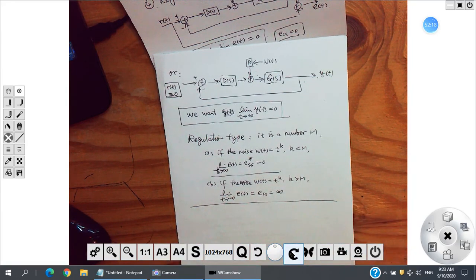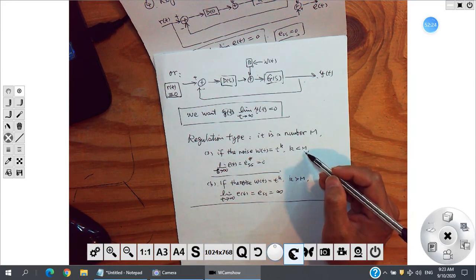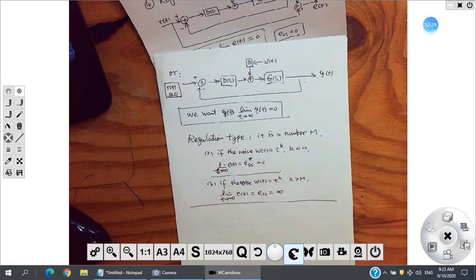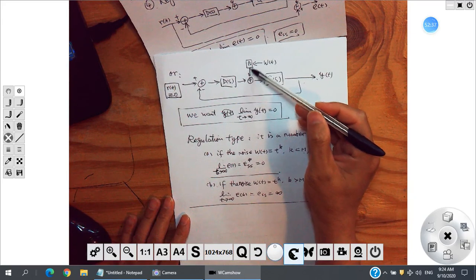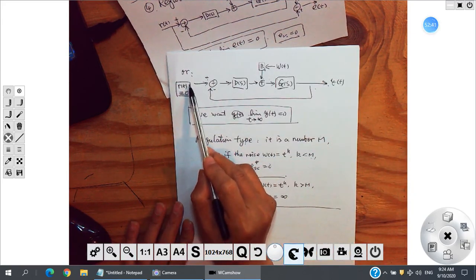With these two, we say this M is the regulation type of the system. It's quite similar to the tracking type. Just imagine the input is here, output is here, and this one is nothing.